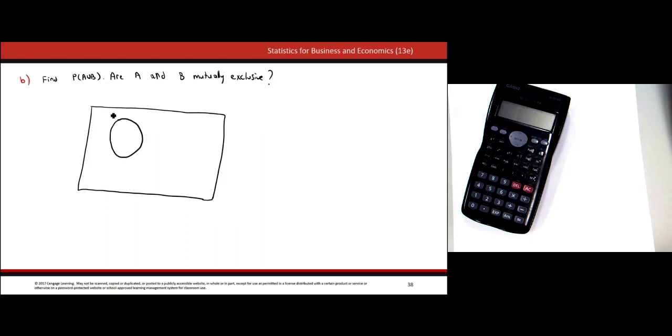So we have A. Are there any common sample points between A and B? No common sample points, so they are mutually exclusive. How about A and C? Do they intersect? Yes, E2 is common. B and C, yes. So then it will be like this. C is like this.